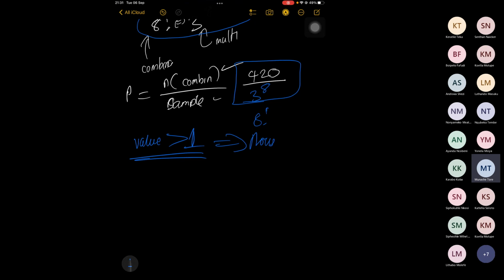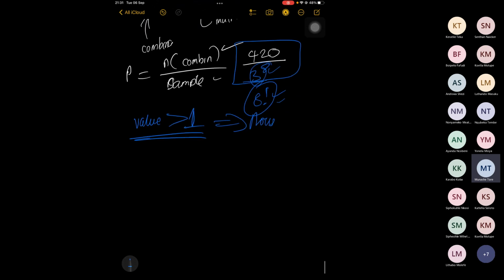So you have to go on to the second one, which in this case might be 8 factorial. I'm not sure, because there are times that the answers might not be greater than 1, but it's rare. Most of the times when I was doing this, one of them is definitely greater than 1, which is wrong. That's when you know that the denominator you used is wrong, so you have to change.